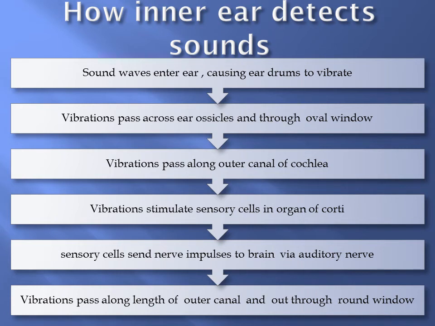These vibrations are passed across the ear ossicles and through the oval window, and then the vibrations pass along the outer canal of the cochlea. Then the vibrations stimulate sensory cells in the organ of Corti, and the sensory cells send nerve impulses to the brain via the auditory nerve. Finally, the vibrations pass along the length of the outer canal and through the round window. So that's the way.